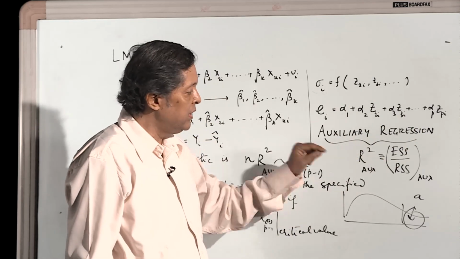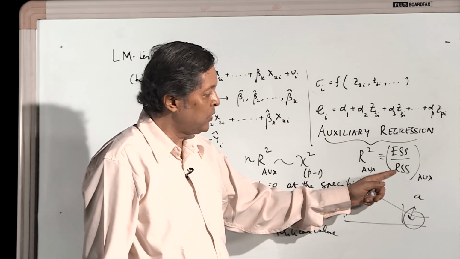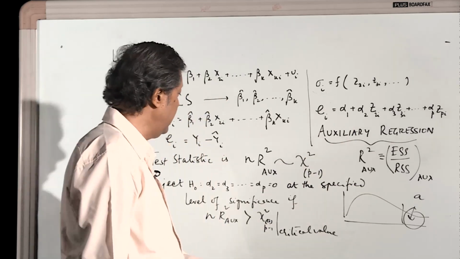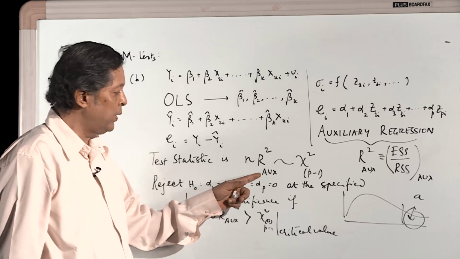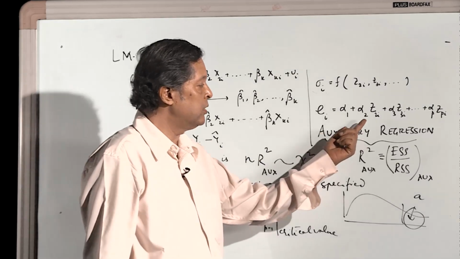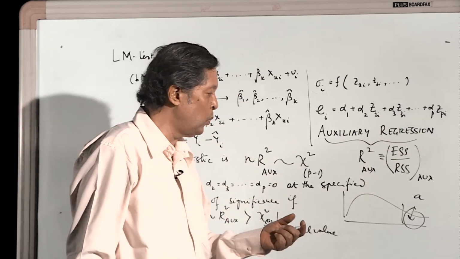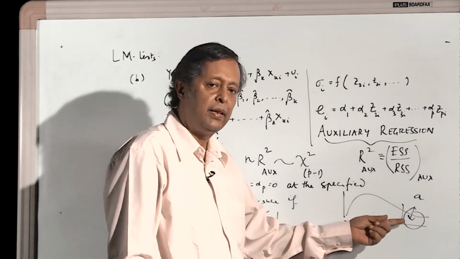We call this the auxiliary regression. We compute explained by residual sum of squares from this auxiliary regression, and the test statistic is once again n times r square auxiliary, following the chi square with p minus 1 as usual, because 2 to p is p minus 1, and we reject as and when it falls in the critical region.